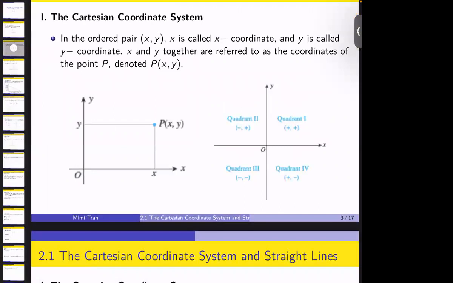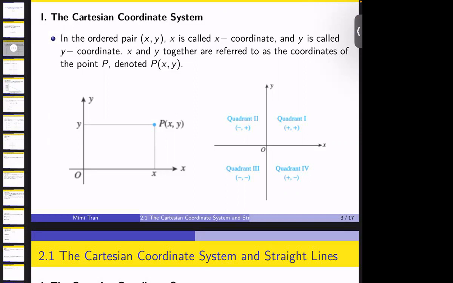If I want to plot the ordered pair x, y, sometimes we call it point P, or some other people call it point A, point B, whichever letter you like best, right? We're going to plot the x coordinate on the x-axis, the y coordinate on the y-axis, and then you have P(x, y). You did this in high school.